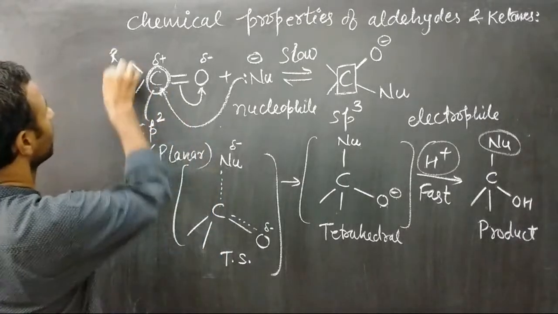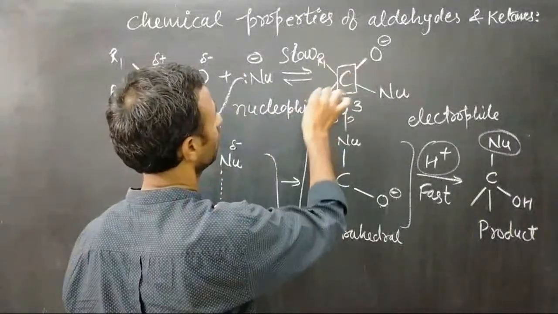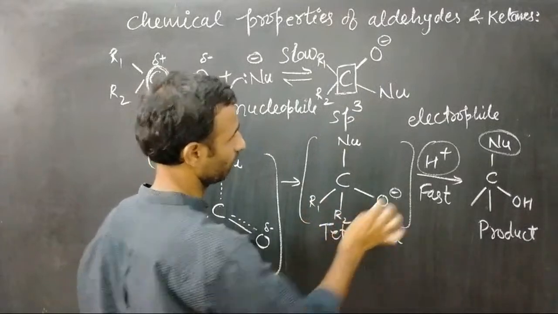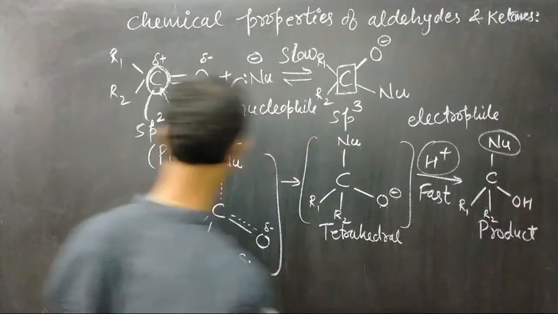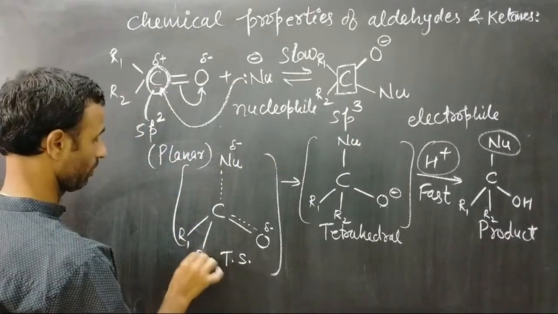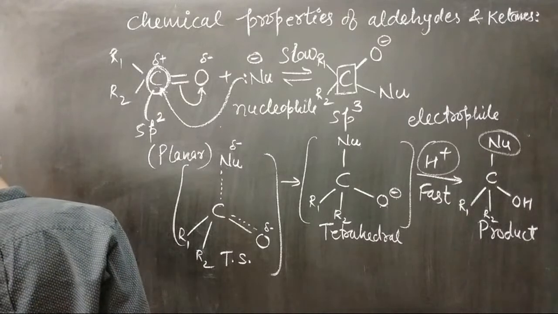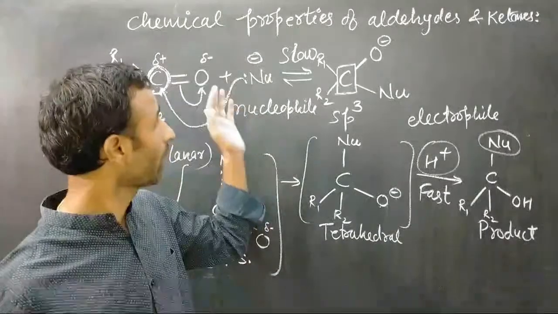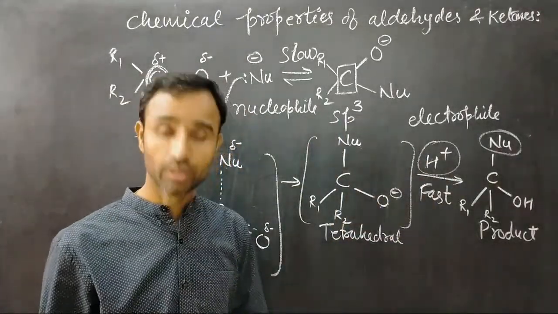We can write as R1, R2. R1, R2 may be hydrogen or an alkyl group or aryl group. Beta, what I said, nucleophile is added, electrophile is also added, both are added.